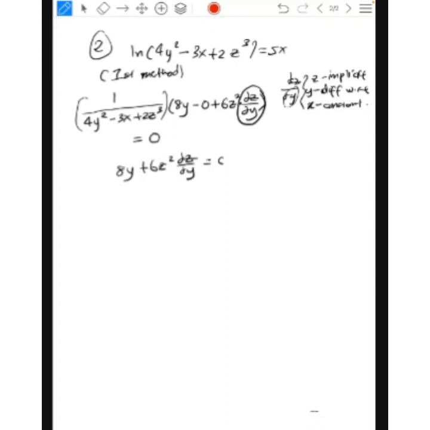Equals to 0 because this one is a multiplication. When you bring the 1 over to your right hand side, it will be equals to 0, because 0 divided by that thing will be 0. So del z del y will be equals to negative xy over 6z squared.